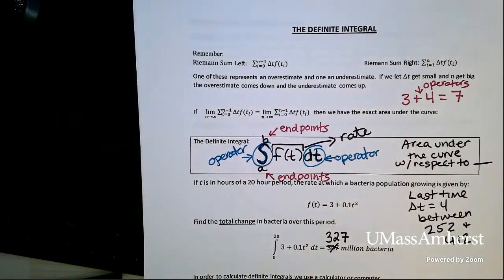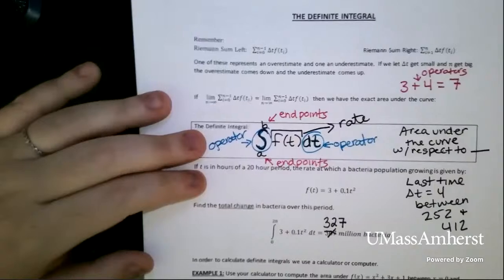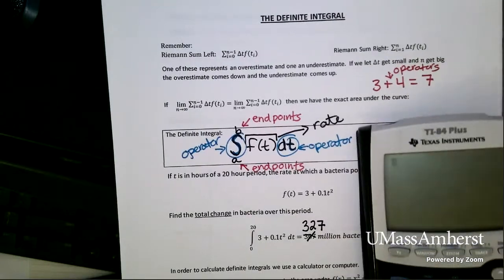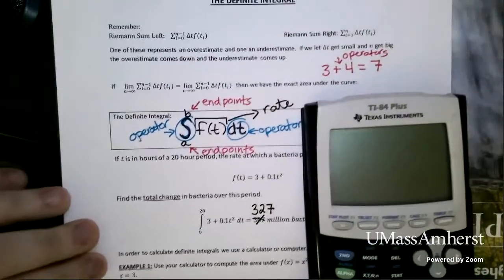We don't want to put in n equals 1 million rectangles. The calculator will do that behind the scenes. So I'm going to show you on my calculator the syntax that I use to plug this in. Depending on which calculator you have, or if you're using a computer, your syntax might need to be adjusted a little bit. Okay, so how do I enter this function in?